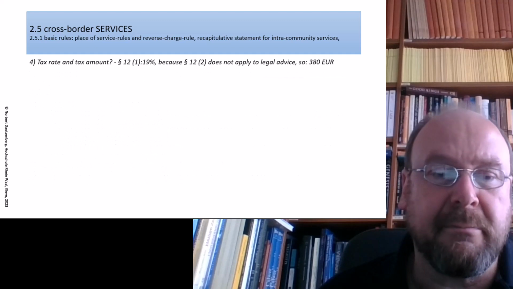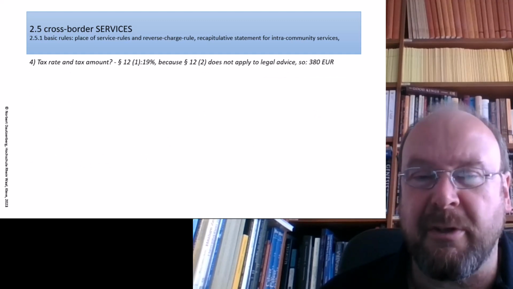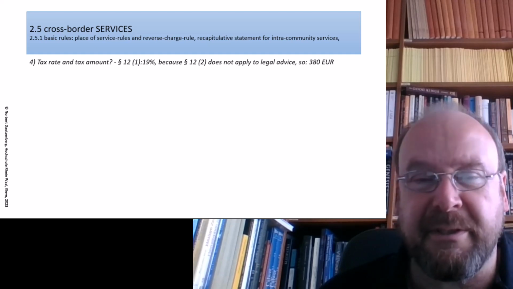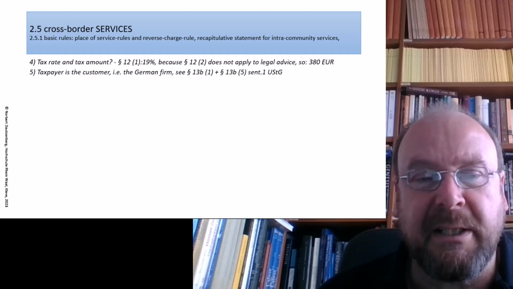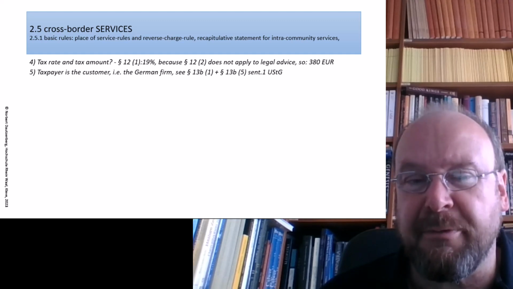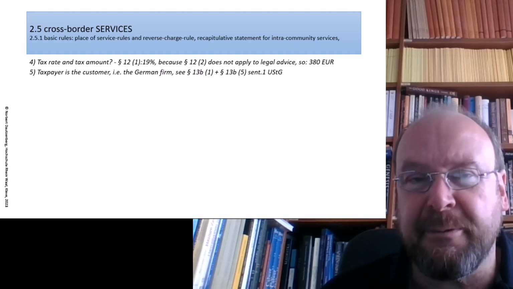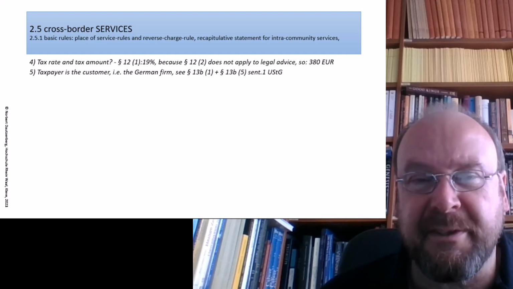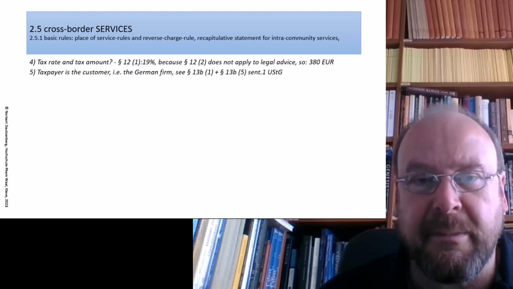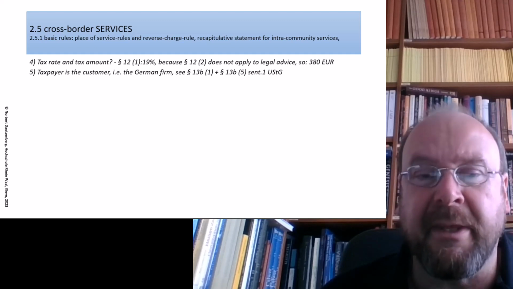And the tax rate is 19%, as always at the moment in Germany. At the moment when I speak, this is in 2023. And the taxpayer is the customer. That's a German firm under 13b1, which says if you have a cross-border service from an EU provider and it's covered by 3a2, then that triggers reverse charge.